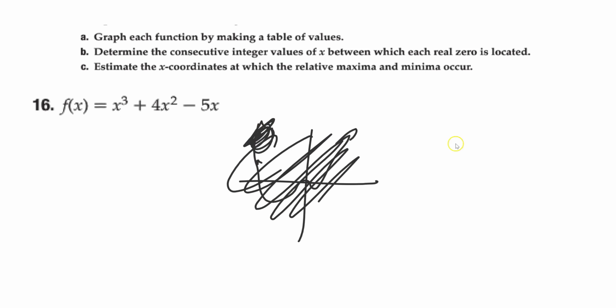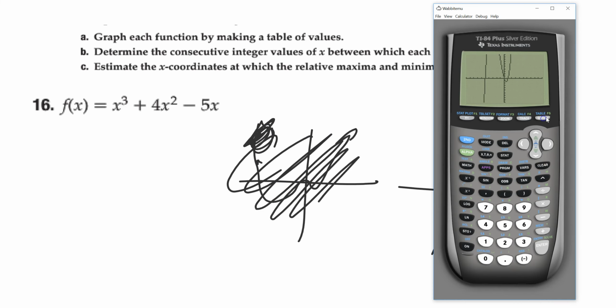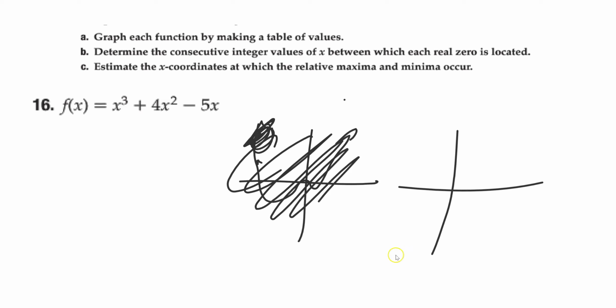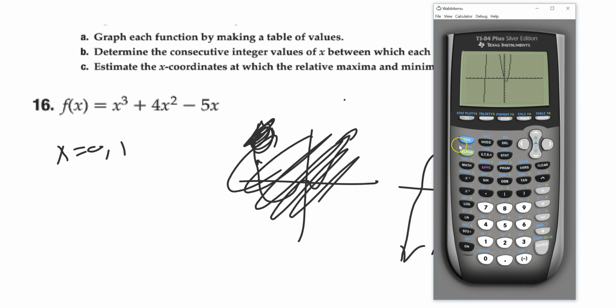Oh, I'm a failure. I'm just gonna look at it. Okay, so like this. My zeros were 0 and 1 for sure. Right, because again, look at the graph. Look at the table. It happens at 0 and at 1, those are the zeros.